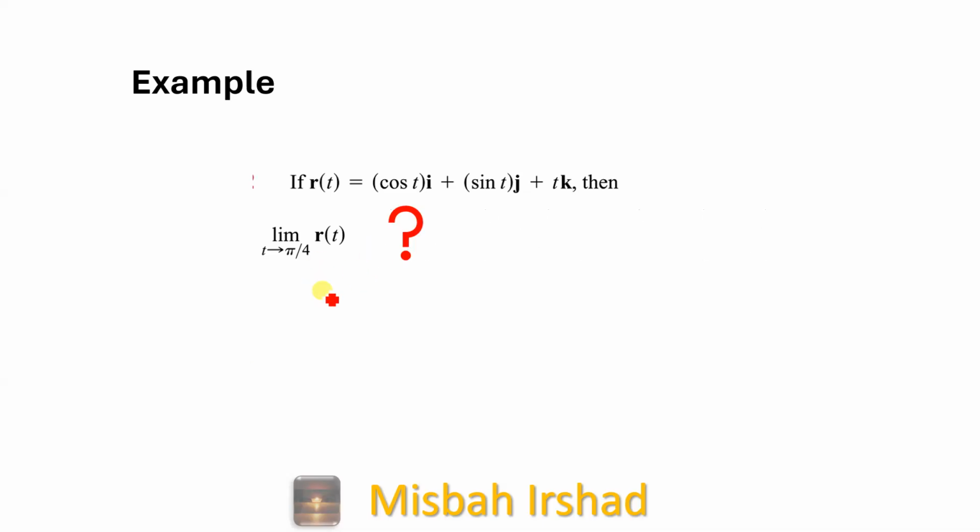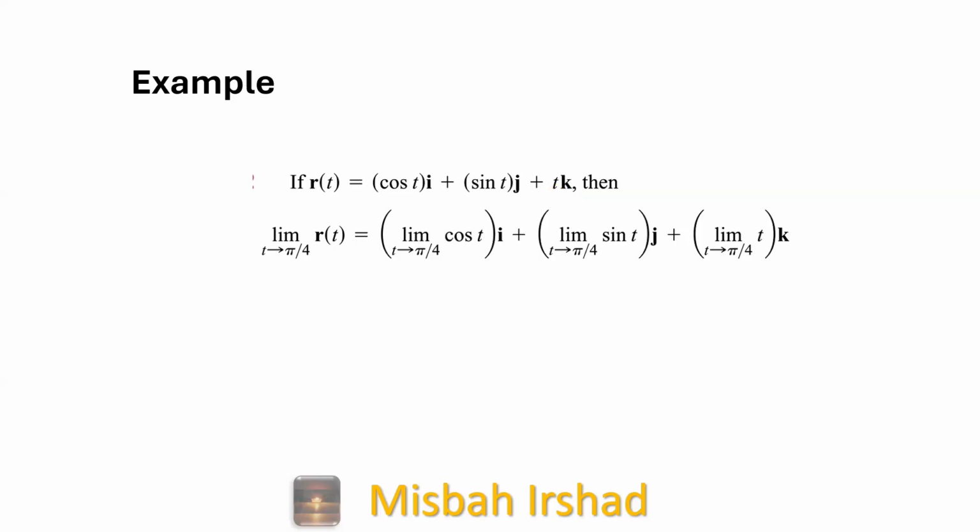We have this question: if r(t) is equal to cos t i plus sin t j plus t k, then the limiting value of r(t) as t approaches pi by 4 would be the limit of cos t as t approaches pi by 4 i, plus the limit of sin t as t approaches pi by 4 j, plus the limit of t as t approaches pi by 4 k.